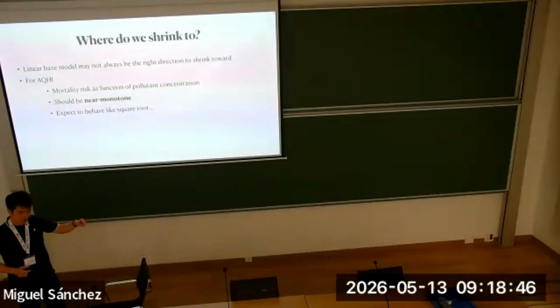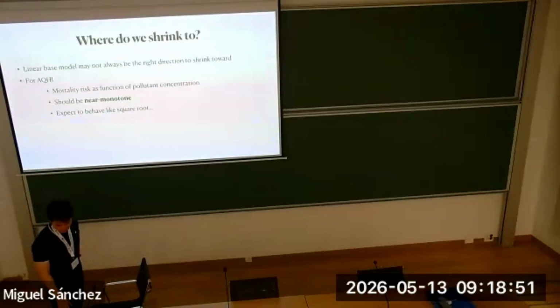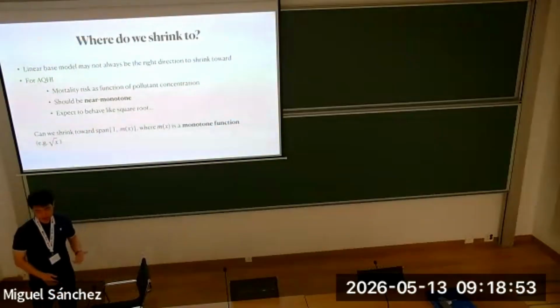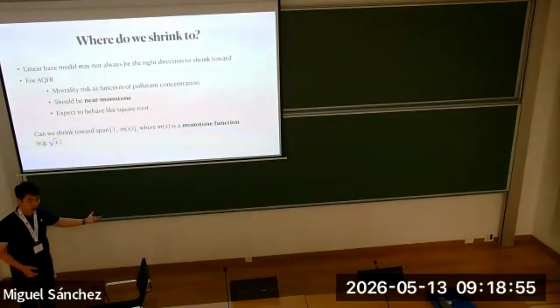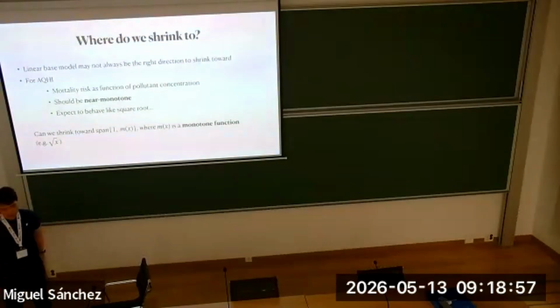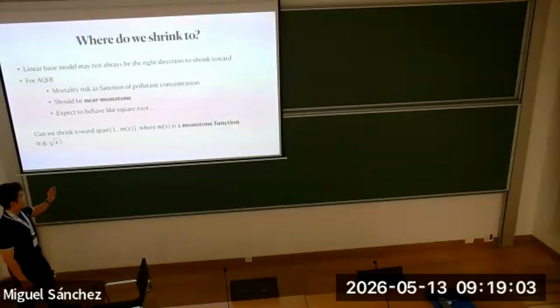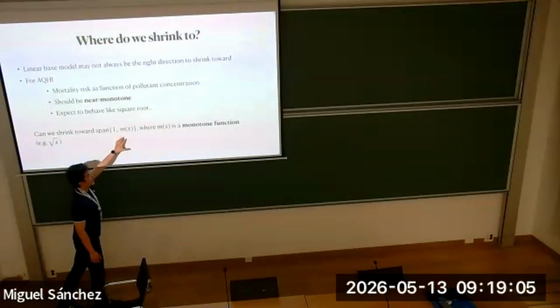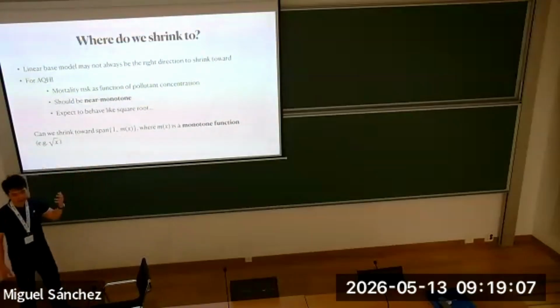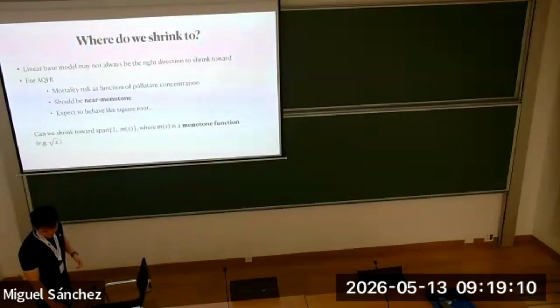So we know the derivative is changing a bit faster near the origin. And maybe that is information we should let the model know before it gives us the posterior. So can we shrink, instead of to the space of linear functions, to a space defined by some monotone function m(x), where m(x) is my choice of preference, like square root?